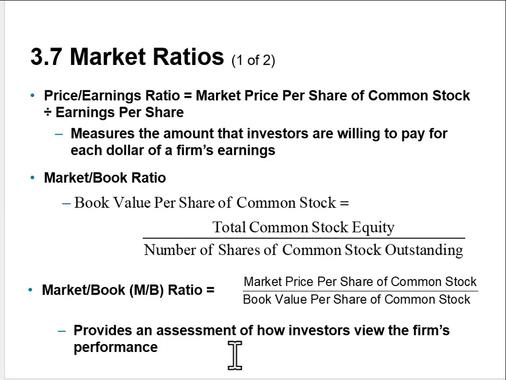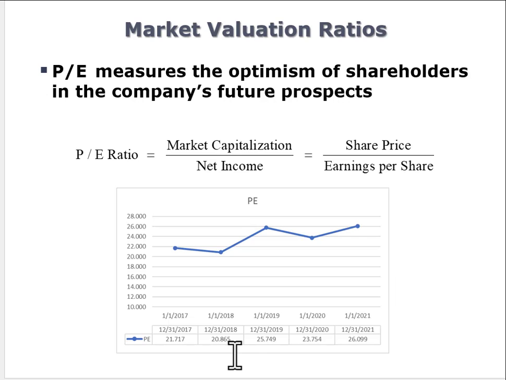This again gives us an assessment of how investors view the firm's performance. The higher the number, the more the market price reflects that investors are optimistic about the company's future, right?